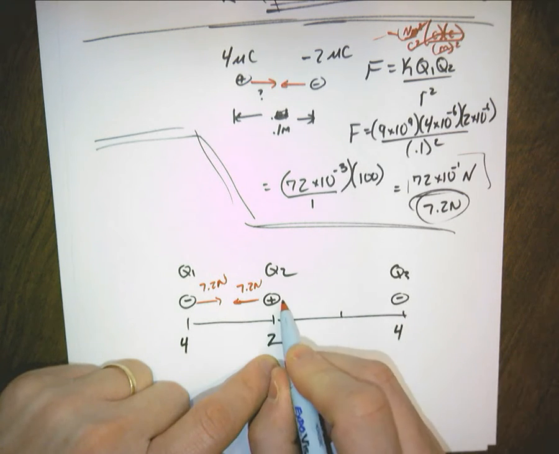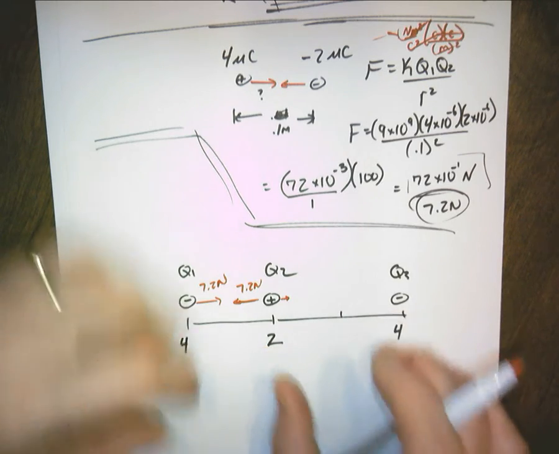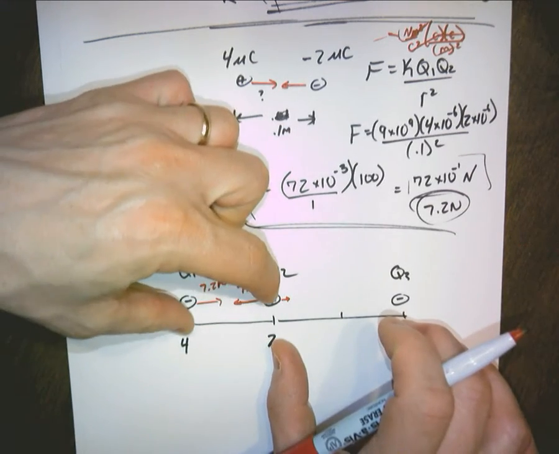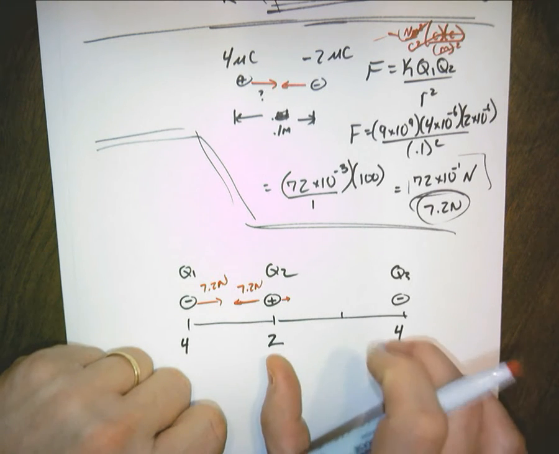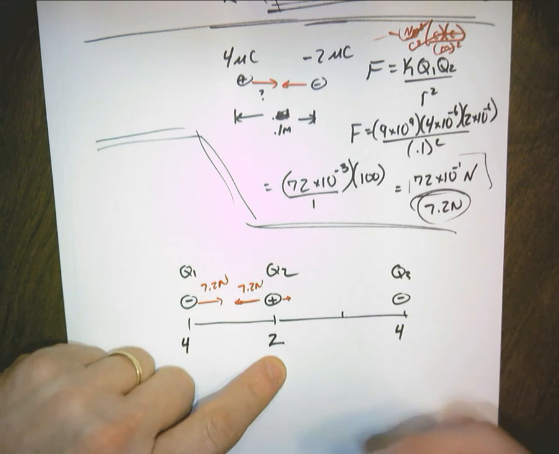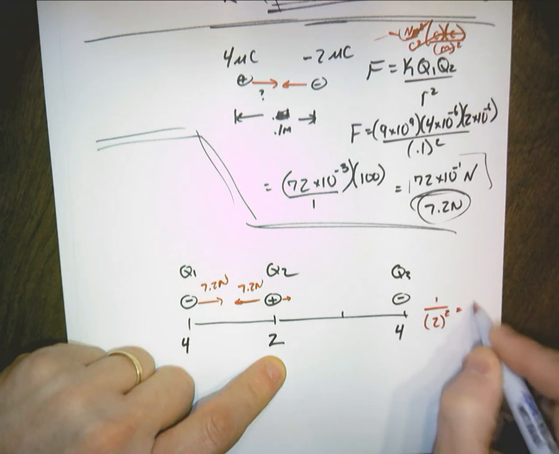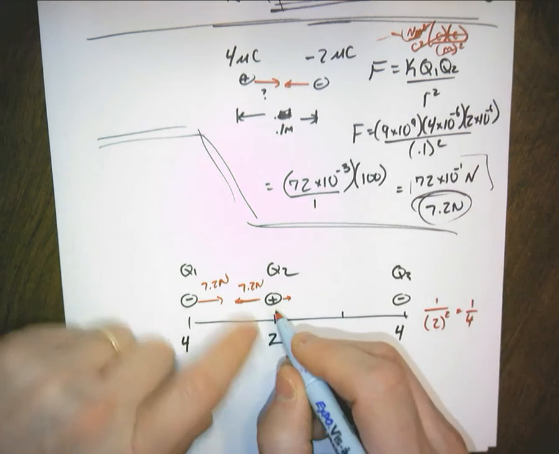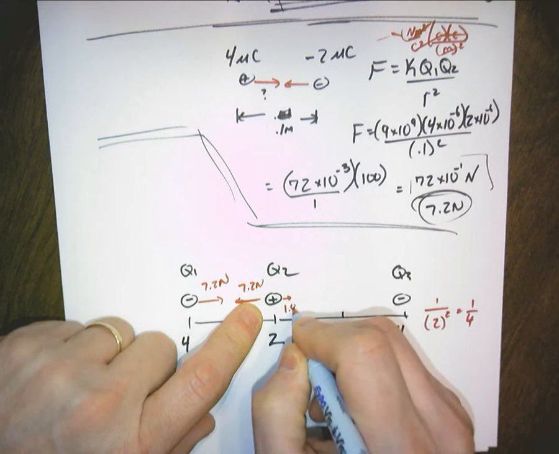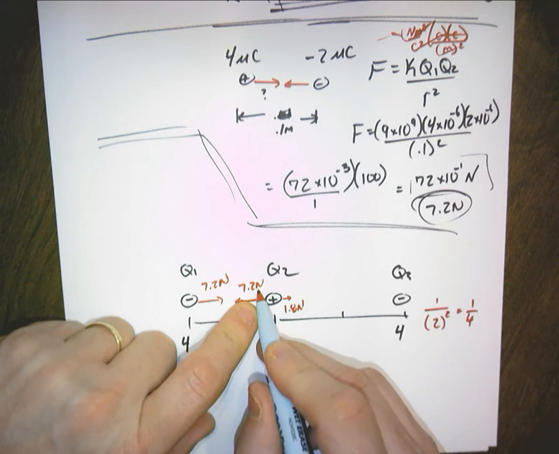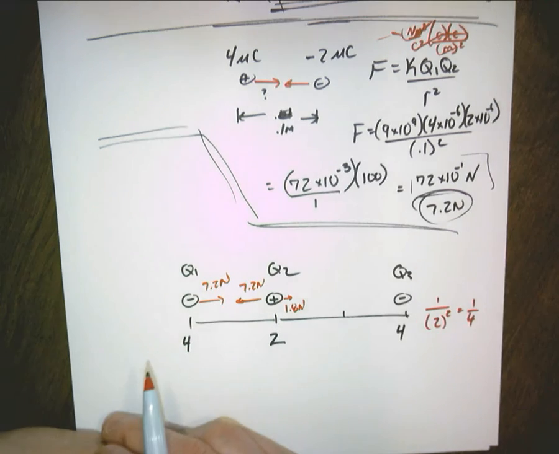So the influence here would be not a little smaller, not half as much, because this distance is double this distance, but rather it would be only a quarter as much, because when you double the distance in the denominator, your new answer is a quarter. So this would be 7.2 over 4 is 1.8 newtons. That's half of a half. Half of this is 3/6. Half of that's 1/8. Okay?